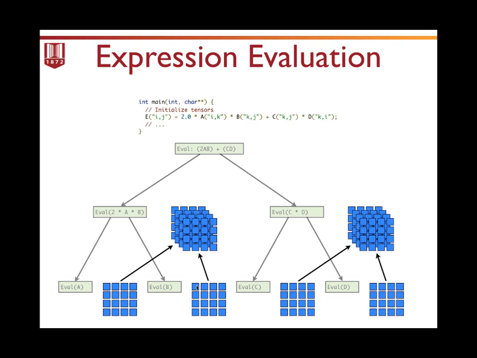So if a few of A and a few of B are ready, we can start doing contractions. Similarly, on a separate node or on the same node, we can start evaluating C and D, and also part of C times D while A times B is being evaluated.